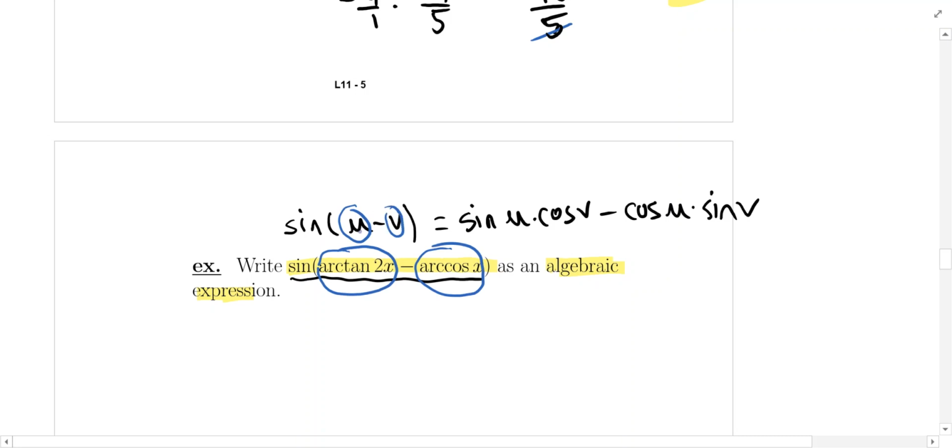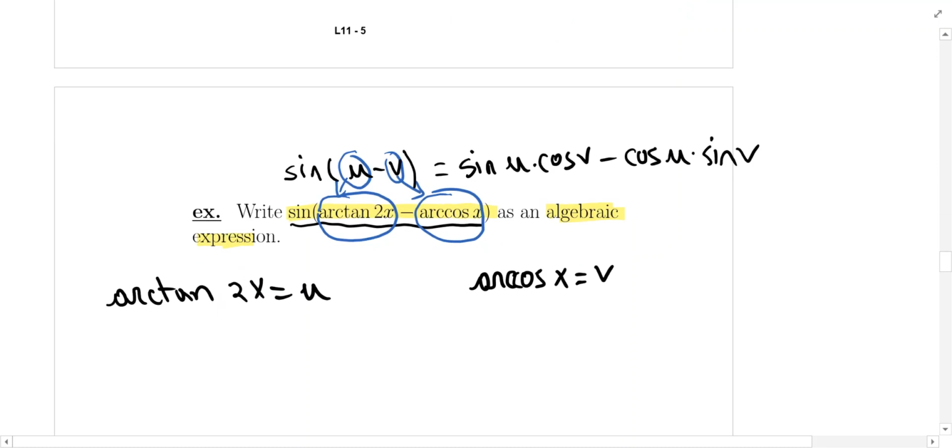And let's see where that takes us. Okay, so let arctan of 2x equal u, and arc cosine of x equal v.